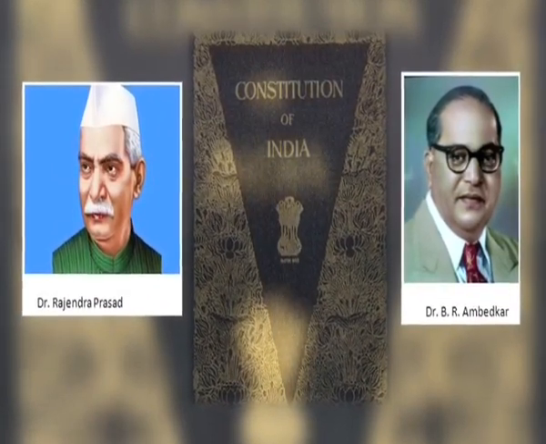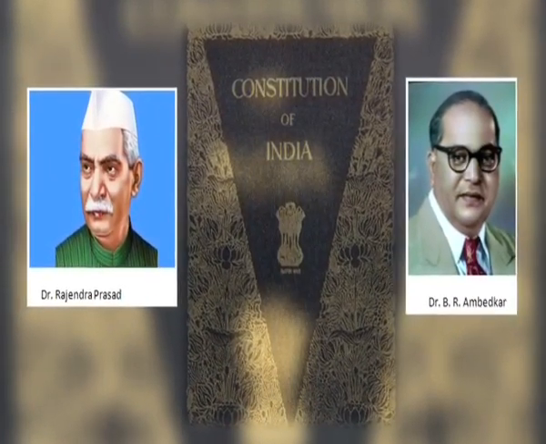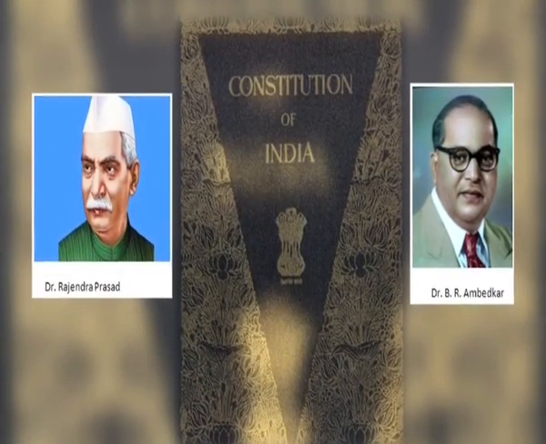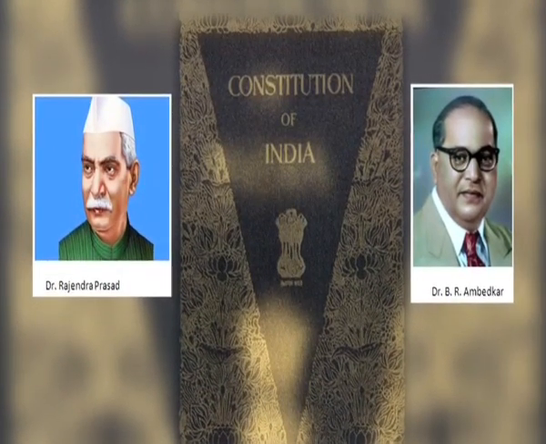Article 20 of the Constitution provides protection in respect of conviction for offences. No one can be forced to give witness against his or her own self. No one can be prosecuted and punished more than once for the same offence. Article 21 provides that no one can be deprived of his or her life or personal liberty except according to the established procedure of law.